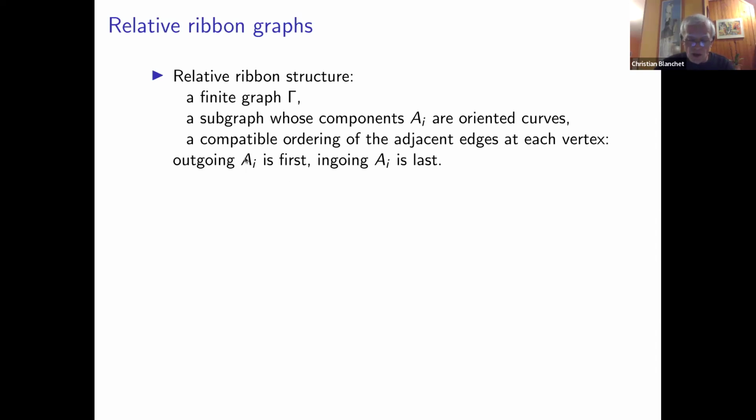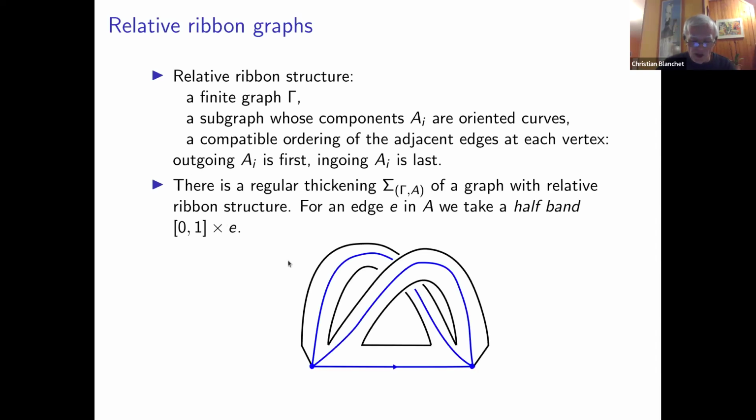If you have no A_i, it's a usual cyclic ordering, but if you have A_i, and it will be more clear with this, you see that here you take the rotation this way, and the outgoing A_i is first.